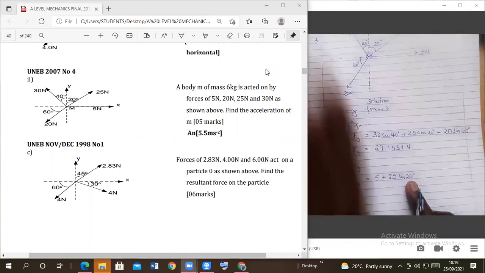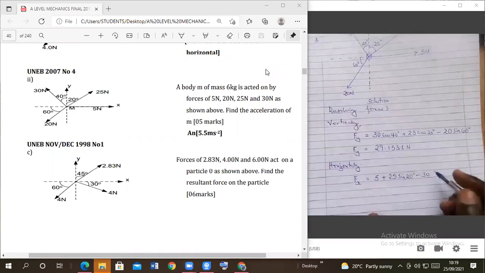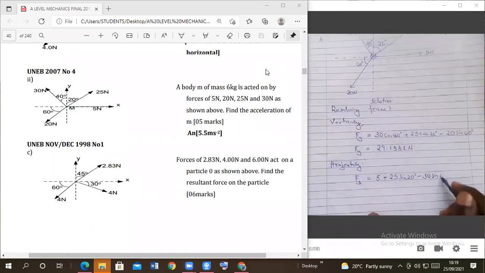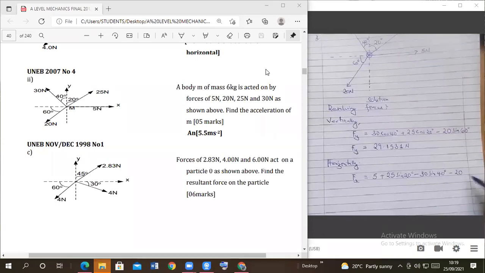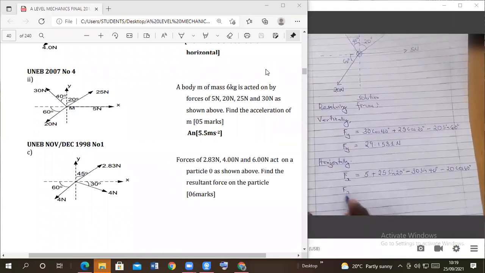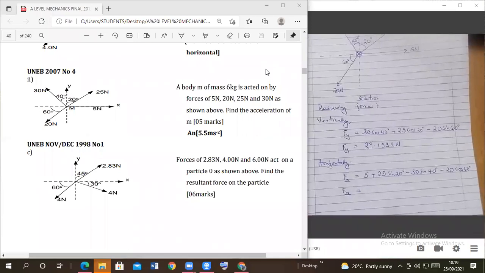Now we come to the negative side. Minus 30 sine of 40 degrees. Minus 20. The angle is to the horizontal, which means it's going to be cos of 60. So our Fx is equal to 5 plus 25 sine of 20 minus 30 sine of 40 minus 20 cos of 60.